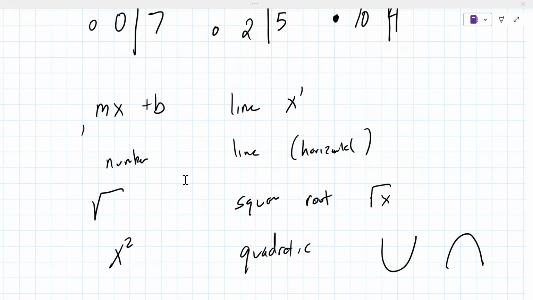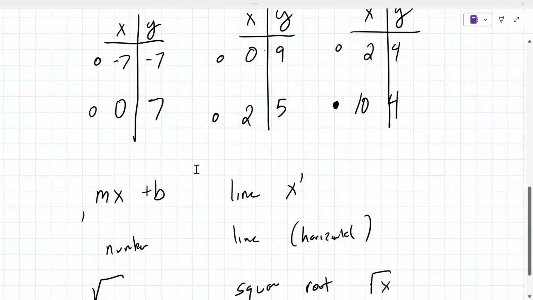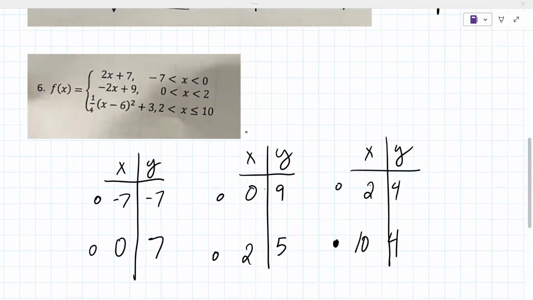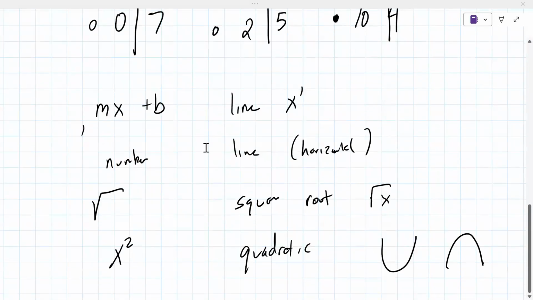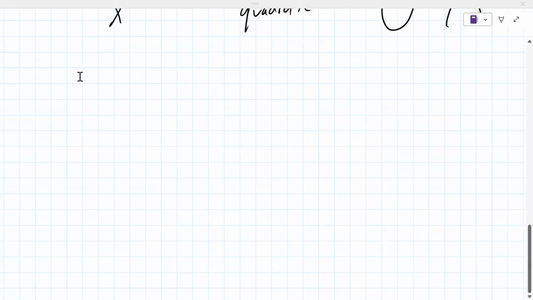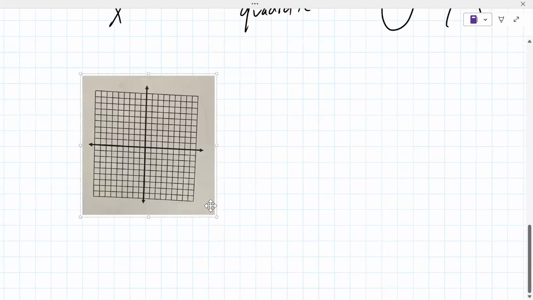All right. So the first piece is a line, the second piece is a line, the third piece is what? With the power of 2. Quadratic. It's a quadratic, yeah. Okay, so we're going to see why that's an issue in a moment here.